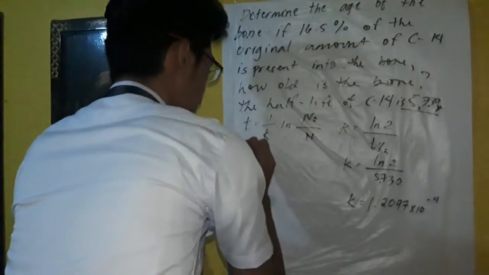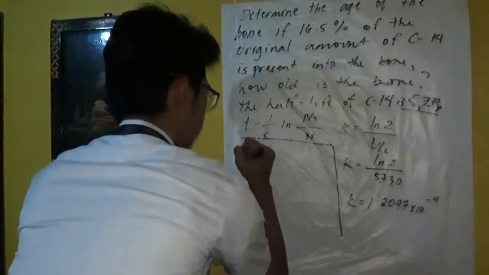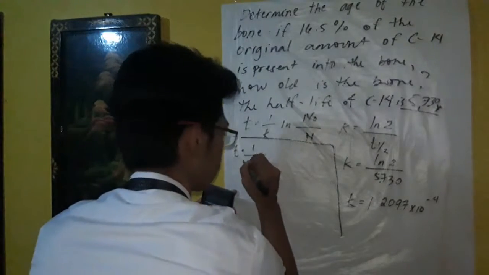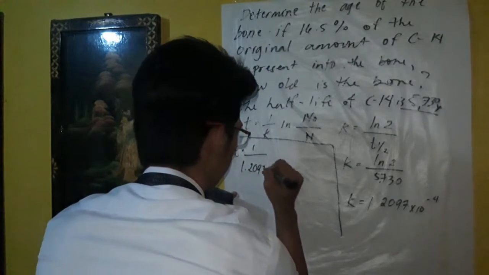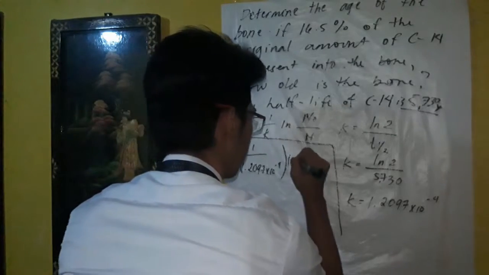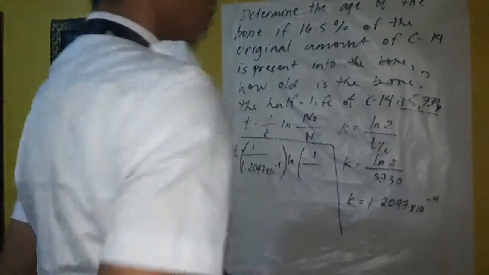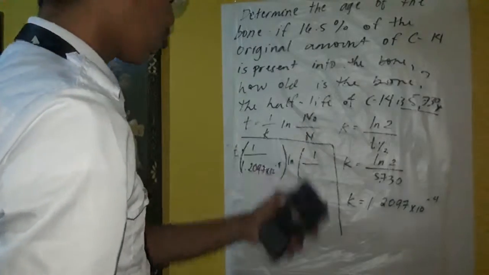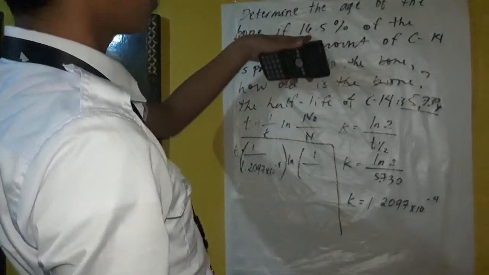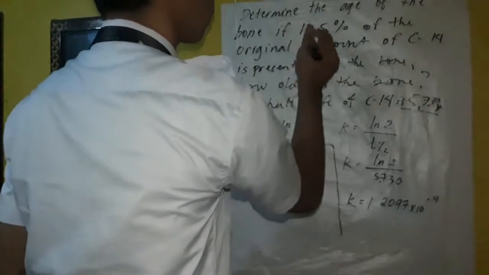Now let's proceed to solving for the years. t is equal to 1 over k, which is 1.2097 times 10 raised to negative 4, ln 1 over, since we don't have the N0, we will put it as 1, and the decimal of this is 0.165. We just move 2 decimals, okay?